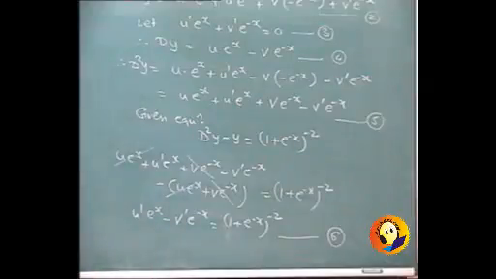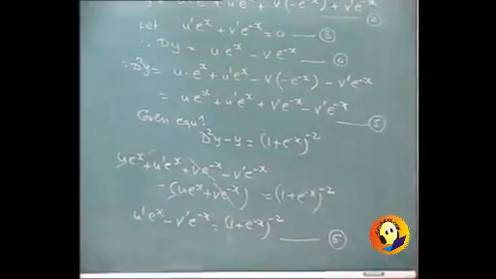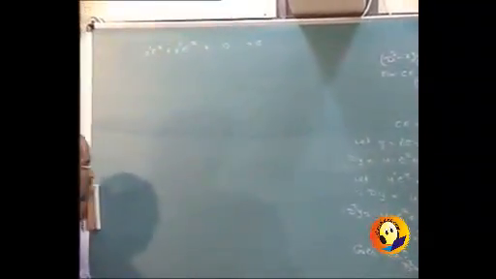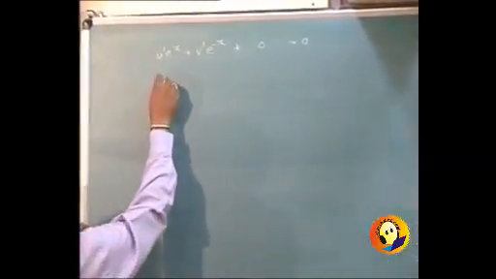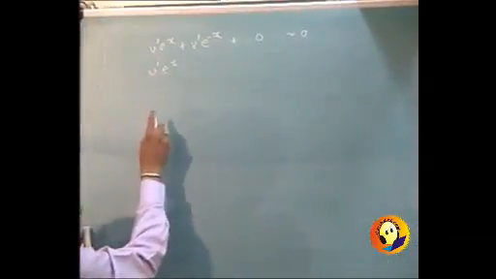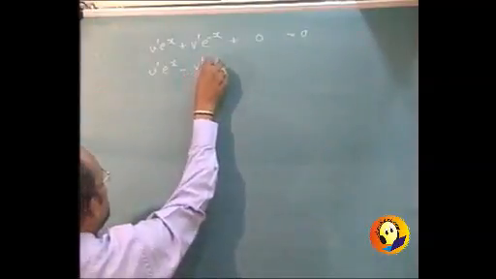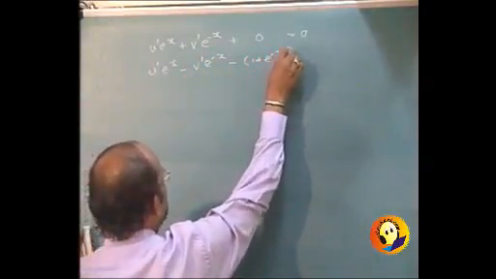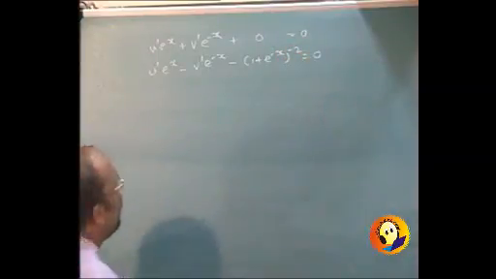So equation 3 was u dash e raised to x plus v dash e raised to minus x plus 0 equal to 0. And the current equation is u dash e raised to x minus v dash e raised to minus x minus 1 plus e raised to minus x, bracket raised to minus 2, equal to 0.